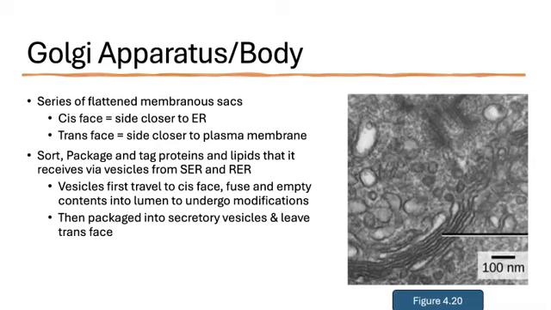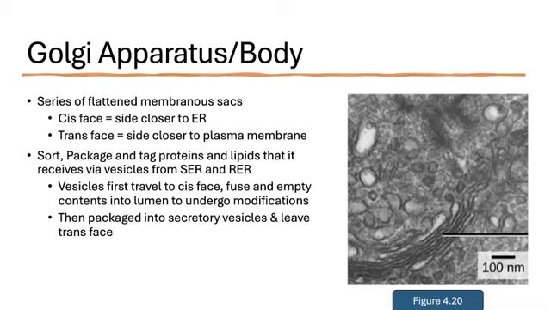And these vesicles first go to the cis face. They're going to fuse, empty those contents into the lumen where they'll undergo modifications. And commonly they'll add in some short sugar molecule chains and then tag it with a phosphate group or just smaller molecules.